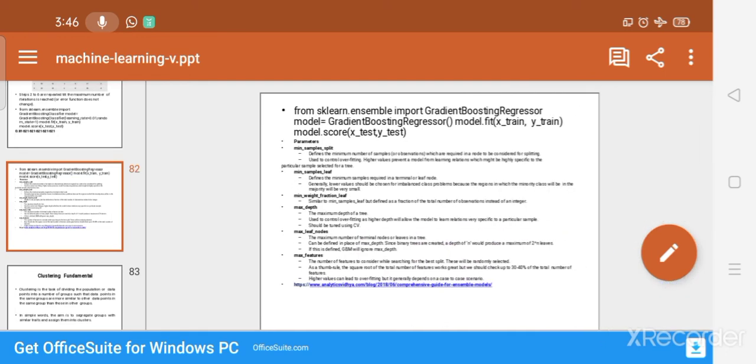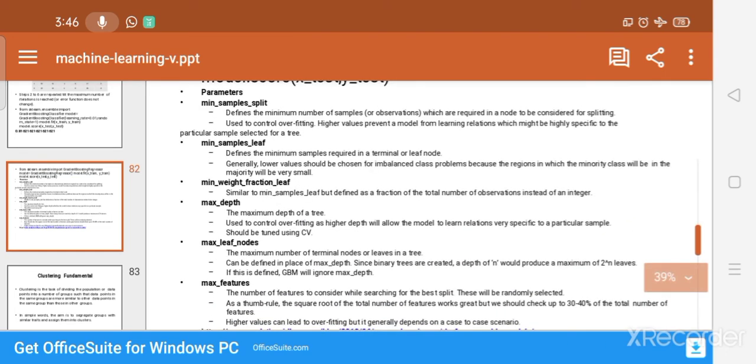There are certain parameters over here also that will be considered, that is minimum sample split, how many minimum samples are required. Next is the min samples leaf. It will define the minimum samples required in a terminal or leaf node. Minimum weight fraction leaf will find out the fraction of the total number of observations instead of an integer.